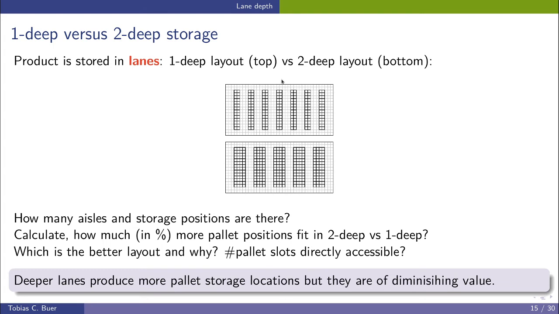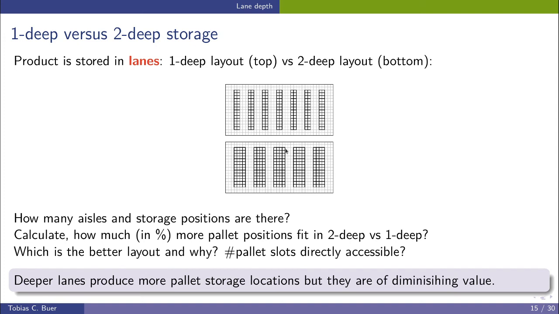Now you see the general area is the same. You can count the squares and calculate the size of this area in storage slots, and you can count how many pallet storage slots are in the lower area and in the upper area, and you can also calculate the percentage of storage positions that fit in this 2 deep layout and in the 1 deep layout.